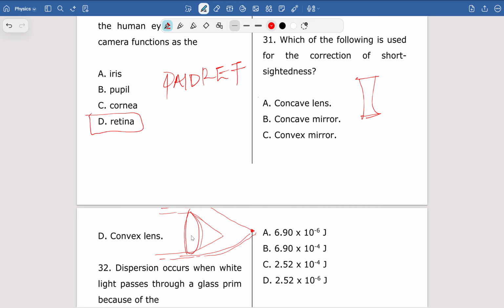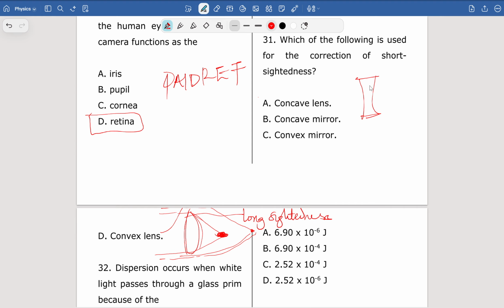So if you are using a converging lens, you want the rays to converge as much as possible to a nearer point. So that means that this will be for long-sightedness, for correction of long-sightedness, because the rays are initially going further than where we want them to be.